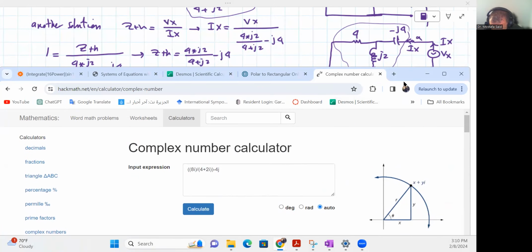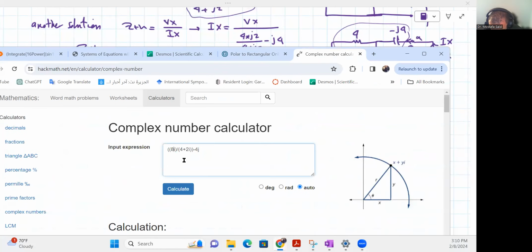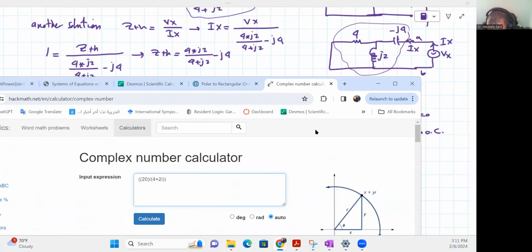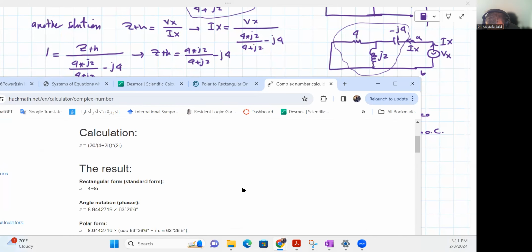Let's calculate V Thevenin now. So V Thevenin is 20 divided by 4 plus j2, multiplied by j2. That gives 4 plus 8i.